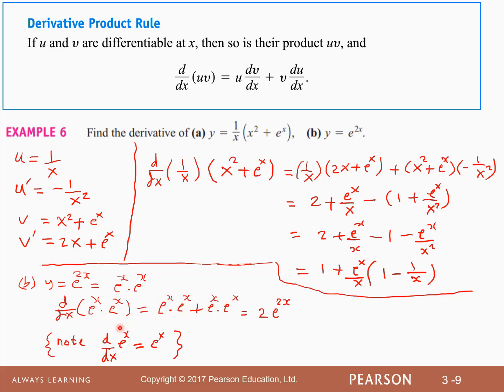But we know that the derivative of e to the x is e to the x. So this gives us e to the 2x plus e to the 2x, that is 2 e to the 2x. And that's pretty much the answer for what we want.